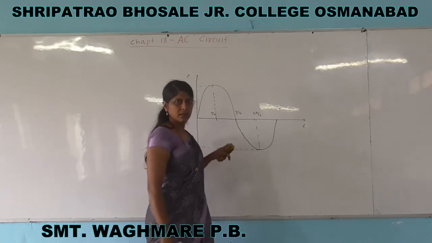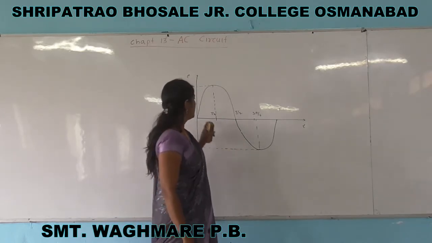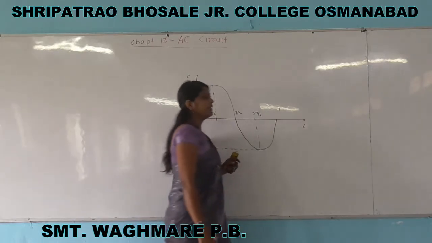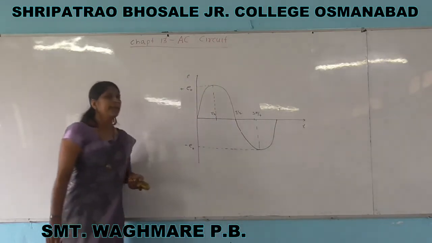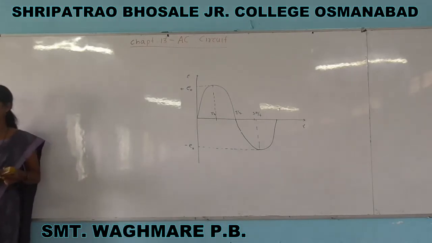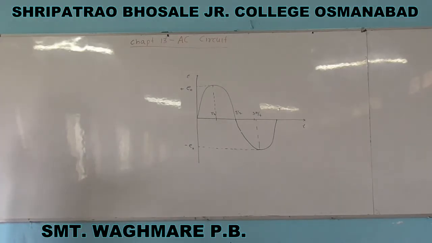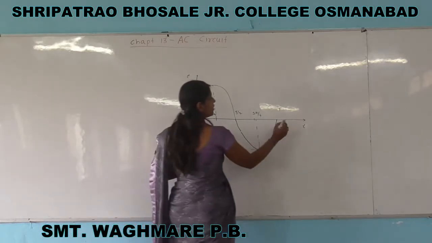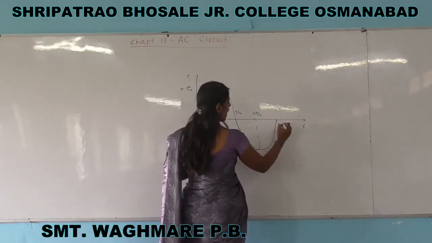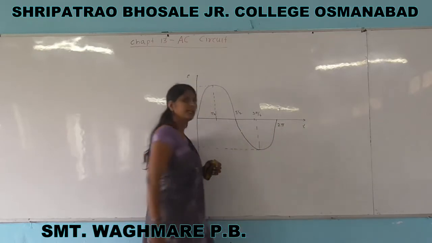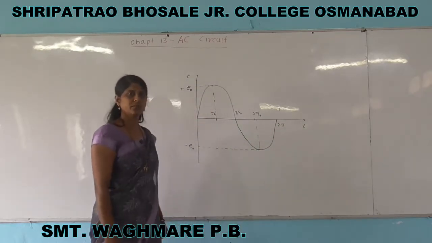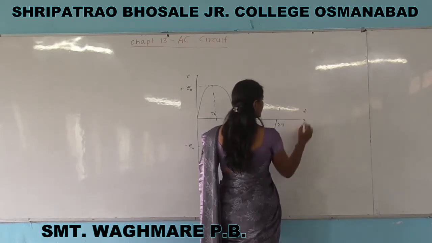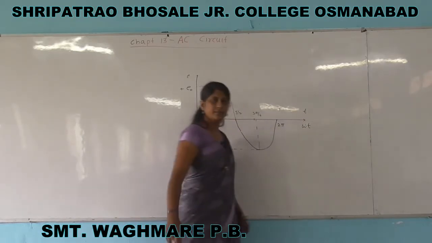When we take the phase difference, this graph, we can represent this as a 2 pi, that is for one cycle the angle will be equal to omega t.